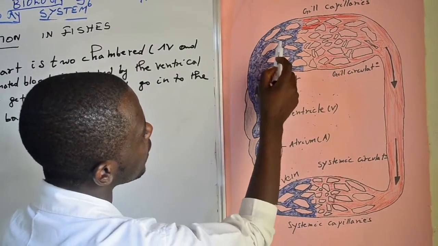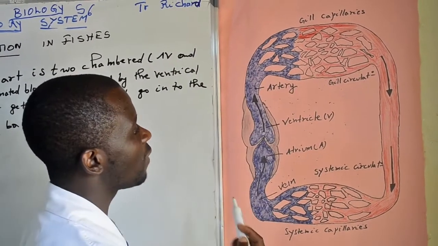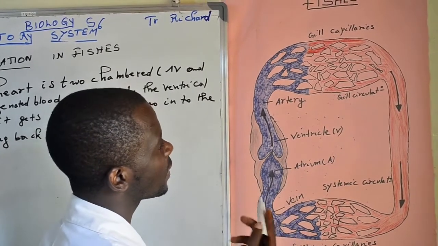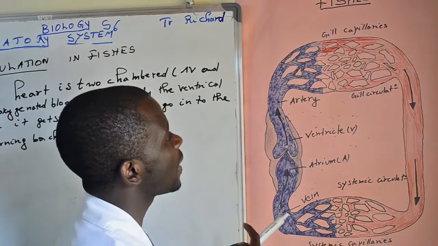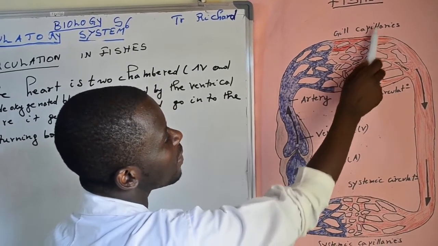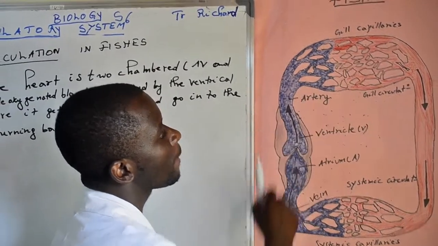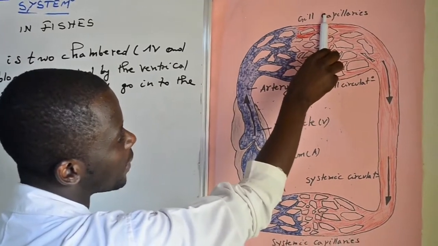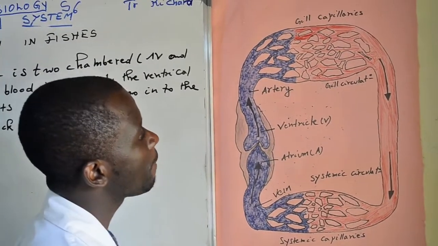You can see that here we have a blue color which shows venous blood, which is not oxygenated, filled with carbon dioxide. Through the gill capillaries this blood gets oxygenated, and you can see the color changes to red, which means fully oxygenated blood.